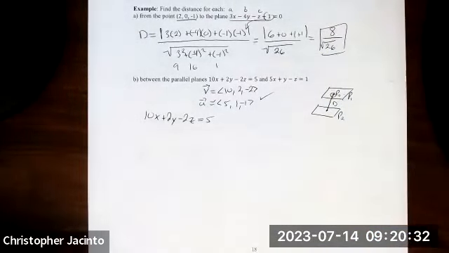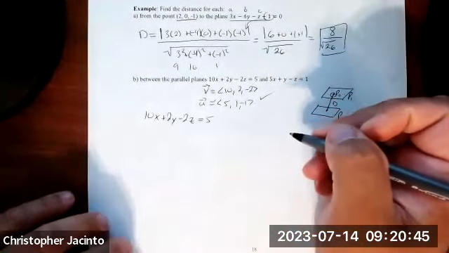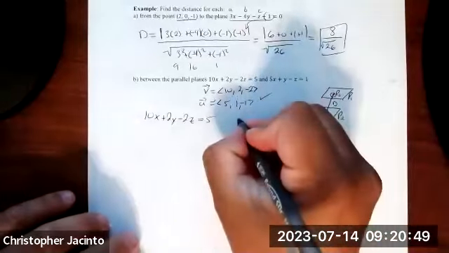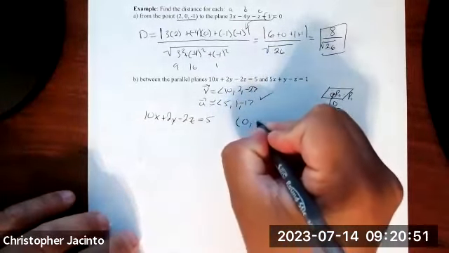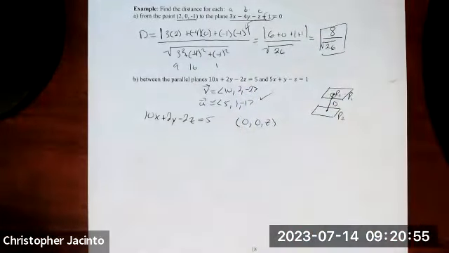Okay, so just like last time, I'm going to choose the easiest of these two. Now, if you're wondering what I mean by the easiest, just like I said last time, I have two independent variables and one dependent variable, and I get to choose the two independent variables. So I'm going to force x to be 0 and y to be 0. So I want to find the point 0, 0, z on this plane.